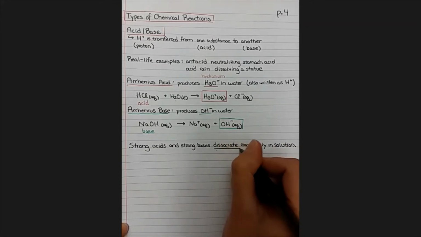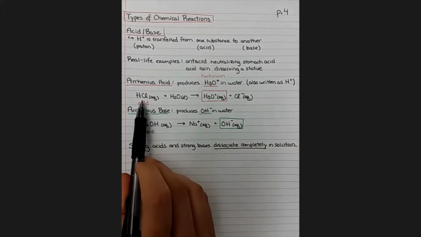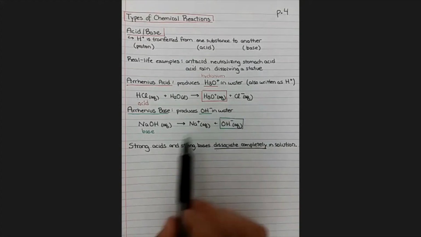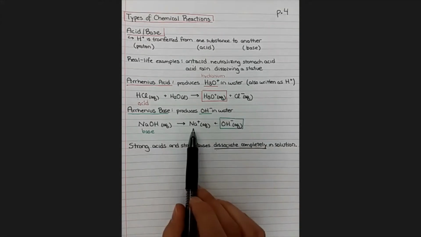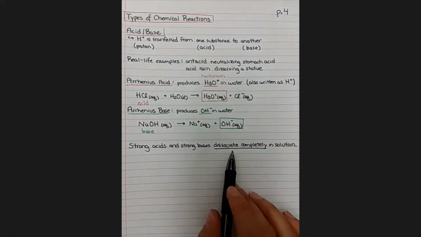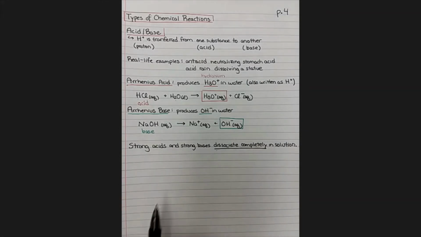And you may be saying, what do you mean it dissociates? Exactly what we drew up here. When the HCl split up into that proton that was given to the water and the chloride, or when the base dissociated into that sodium cation and the hydroxide anion, that is the dissociation process. And for strong acids and bases, every molecule that goes into solution does this process.